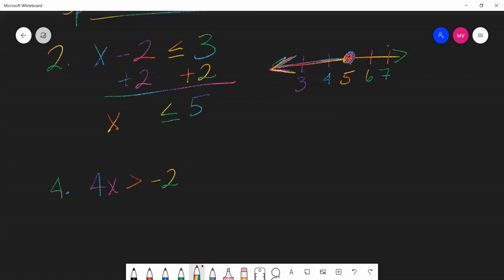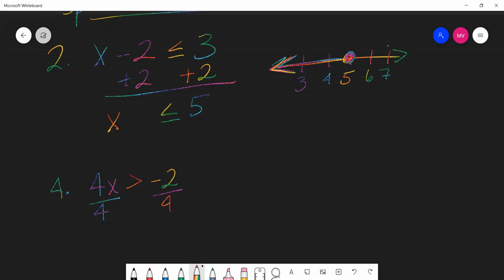What's currently being done to the x? The inverse operation of multiplication. There we go, so we need to divide on both sides. Because we're dividing or multiplying, in this case dividing, look at the number you're dividing by. Is the 4 negative? Okay, then we just don't worry about our inequality sign. It stays just like it is.